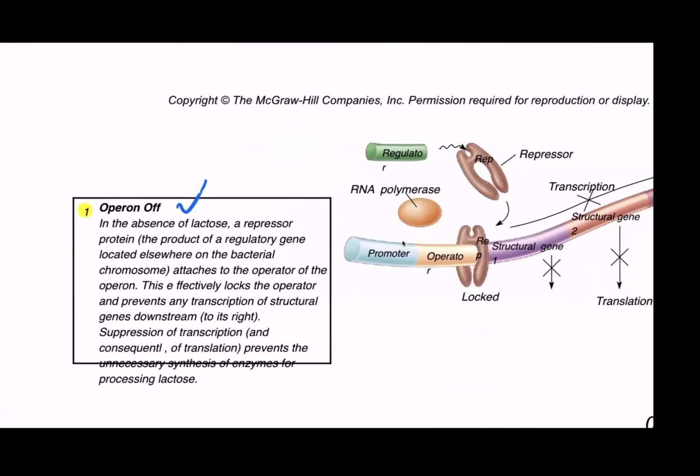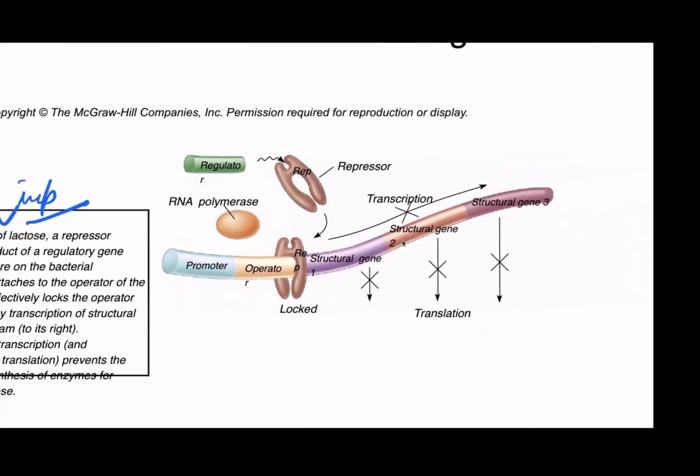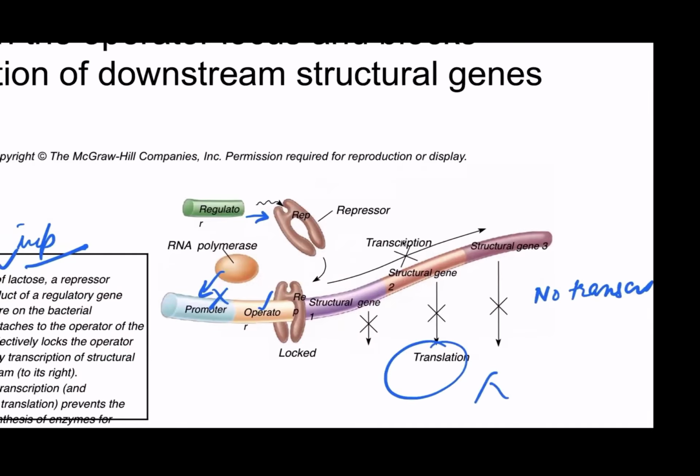You have to read it, very important part. Everything is explained here. So the regulatory gene makes a repressor. The repressor is active, it binds on the operator. Now the promoter, this RNA polymerase cannot bind here. So no transcription, no transcript, no translation, nothing. That's how it keeps the genes in off mode.